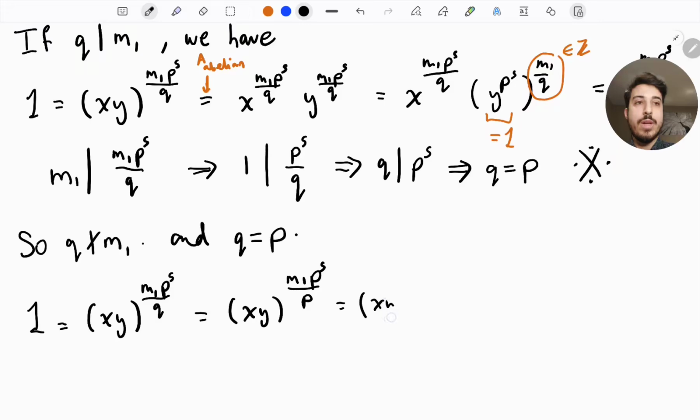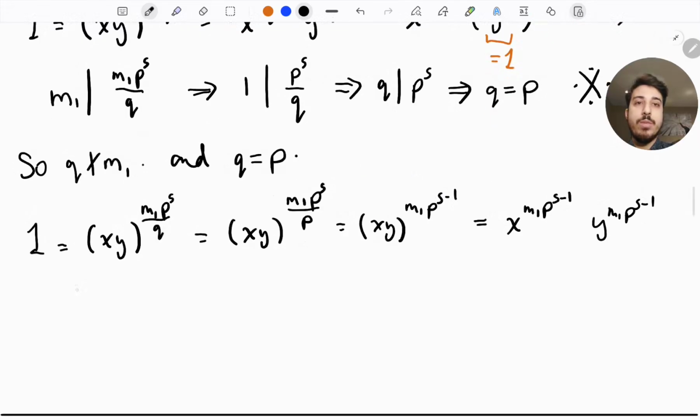This is xy to the m1 p to the s minus 1, which is equal to, again because A is abelian, x to the m1 p to the s minus 1 times y to the m1 p to the s minus 1. And this is equal to x to the m1, to the power p to the s minus 1, times y to the m1 p to the s minus 1.